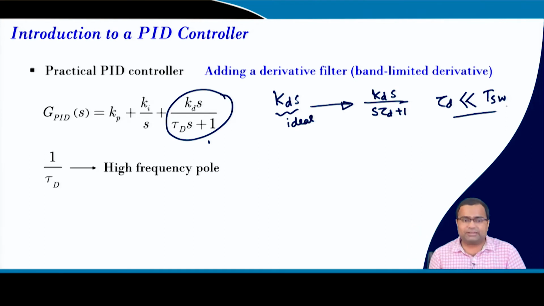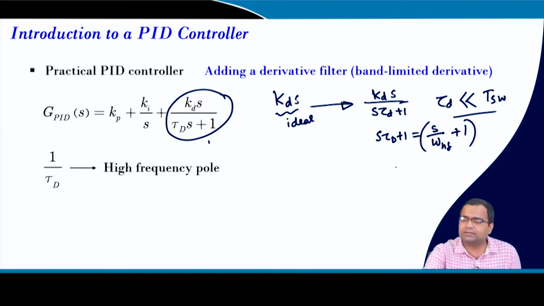That means a high frequency pole at 1 by tau d, because we can write S tau d plus 1 in the structure S by a high frequency pole plus 1. Here this high frequency pole is nothing but 1 by tau d.